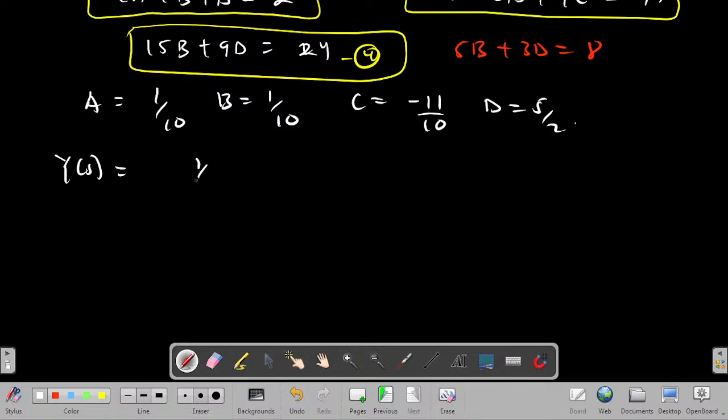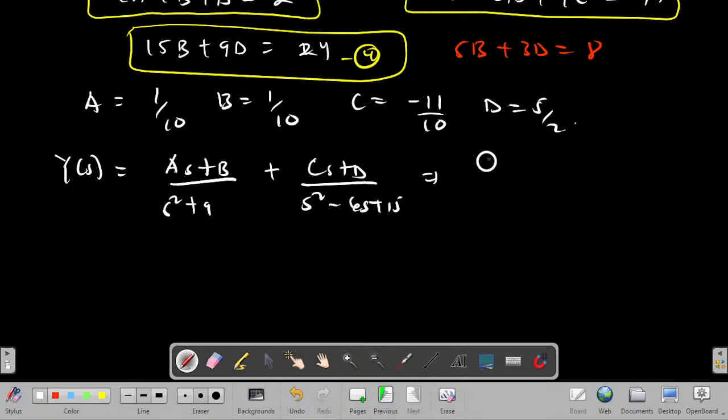So we have, let me write my equations back again. As plus b over s squared plus 9 plus cs plus d over s squared minus 6s plus 15.